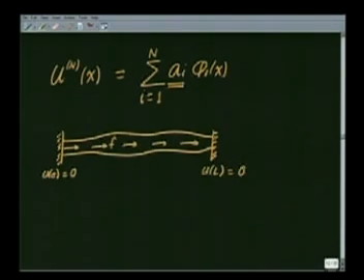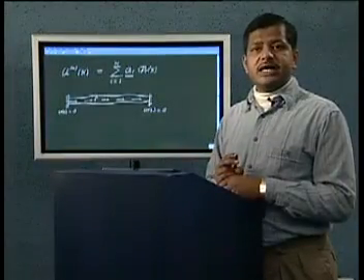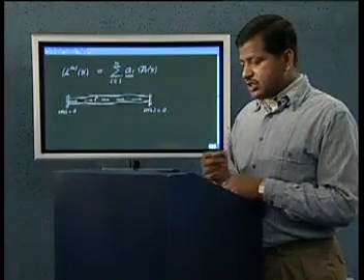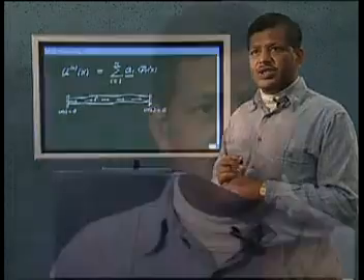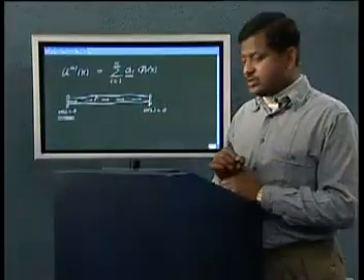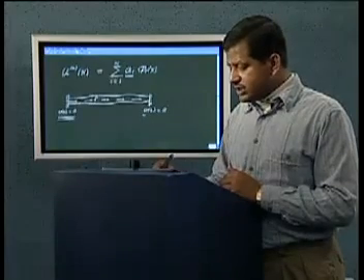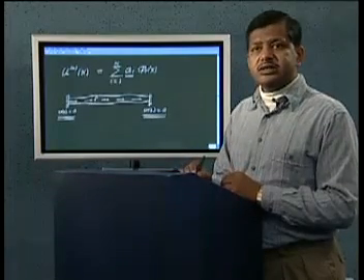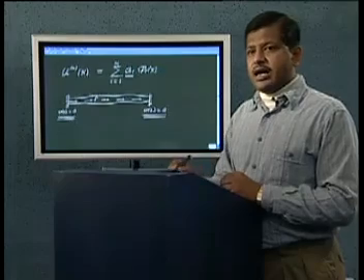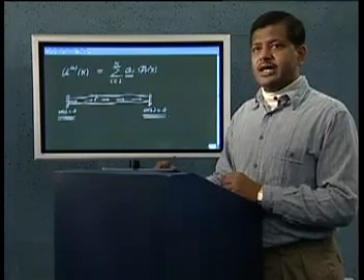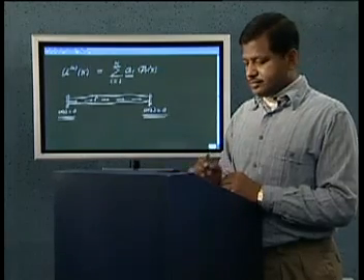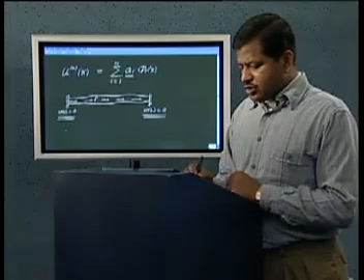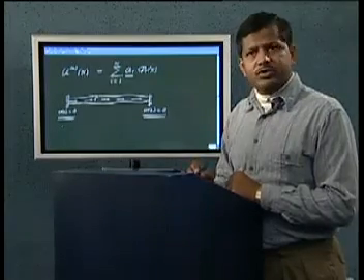Now in this case, how do we go about constructing the Ritz approximation? You see that in the earlier case it was very easy to enforce the geometric condition at the point x equal to 0. Now we have to enforce the geometric conditions both at the points x equal to 0 and x equal to L. So how are we going to do this job?